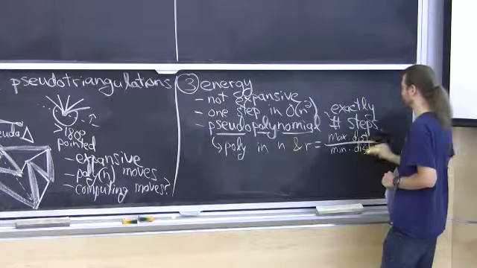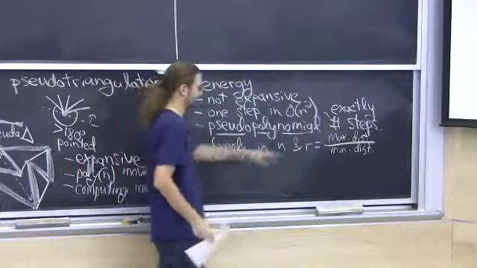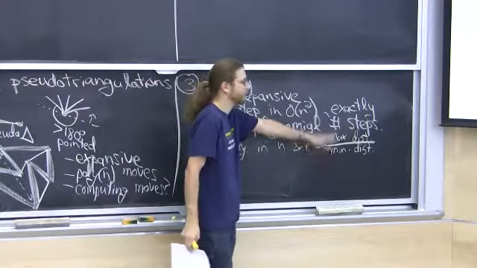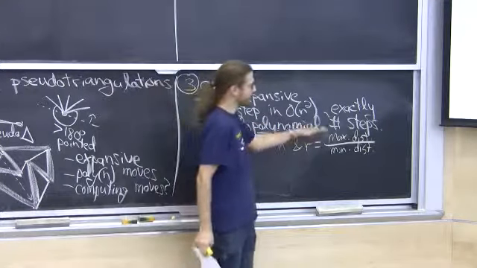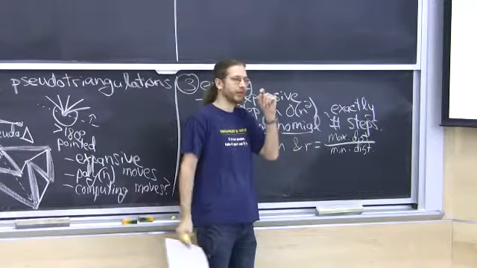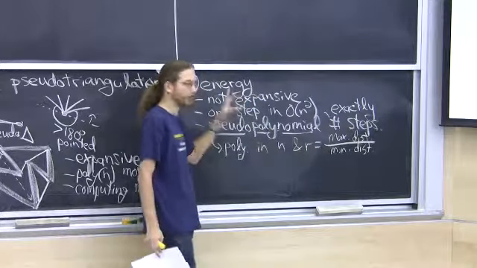Exactly how you define distance, don't worry about it. This is a geometric feature of the input. It has nothing to do with n. N could stay fixed, and you can change this to whatever you want by making nastier and nastier examples. Nastiness is measured by how big your linkage is versus how tight things get. So as long as that's reasonable, this is going to be a polynomial number of moves.